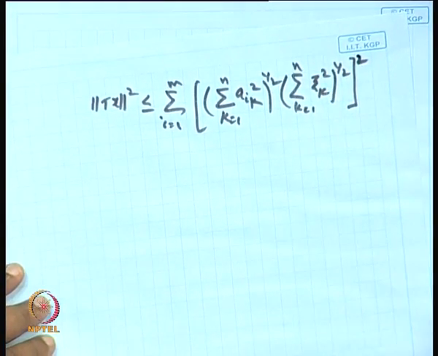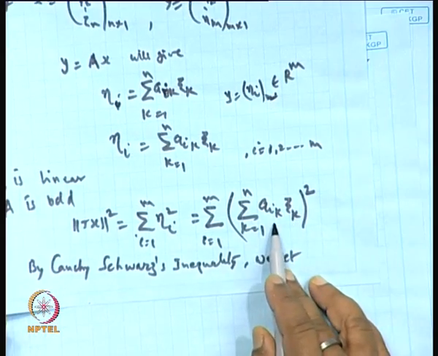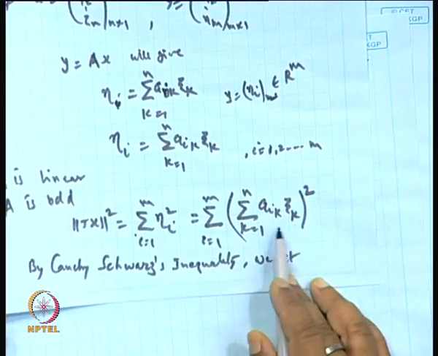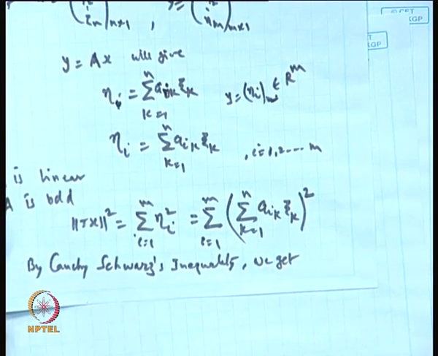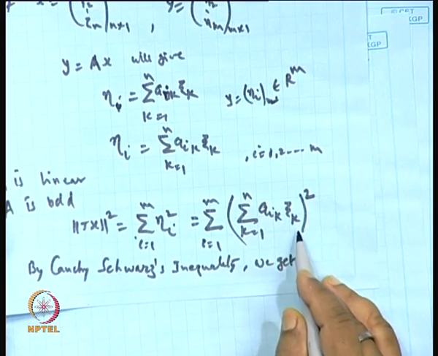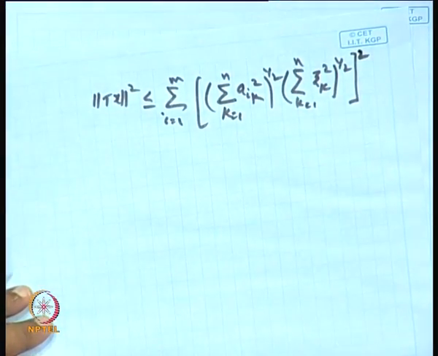So we have applied this Cauchy Schwarz inequality over the product of these two things. So, if these are a_ik and x_ik, they are non-negative numbers, then we are getting this sigma a_ik squared to the power half, sigma x_ik squared to the power half, and then the square will be there. Okay.